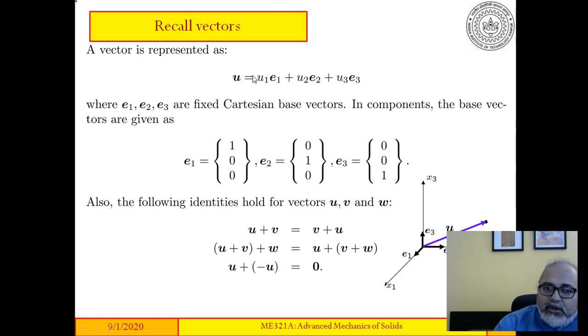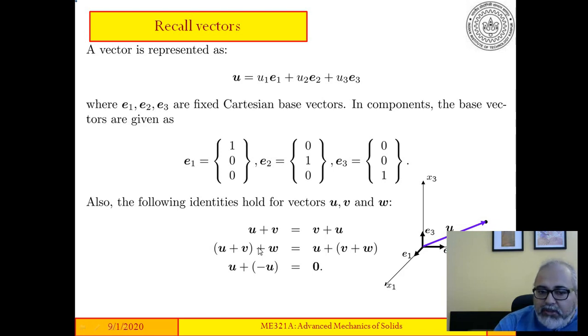So we are not denoting the components of u as ux, uy, uz. We are denoting it as u1, u2, u3, just like we are denoting the coordinates of a point with x1, x2, x3 and not x, y, z. That's the only difference. You probably know these identities for vectors. It doesn't matter the order in which you add vectors; the addition of vectors is associative.